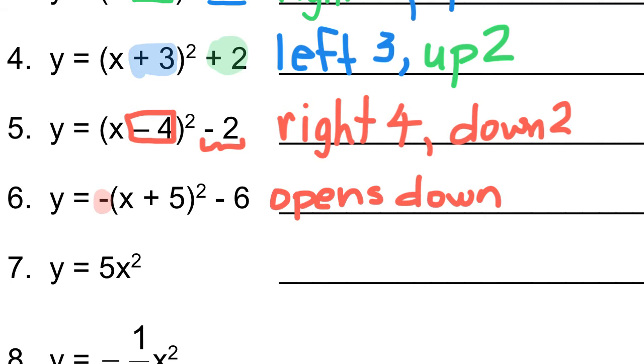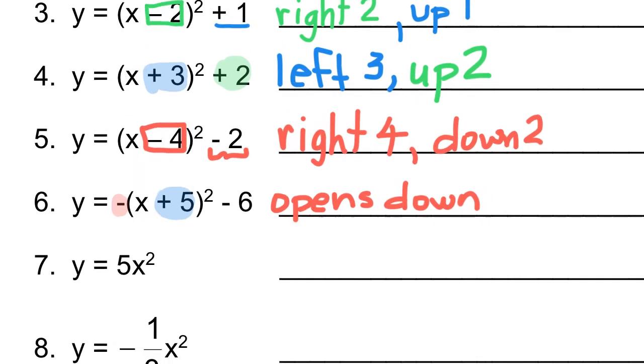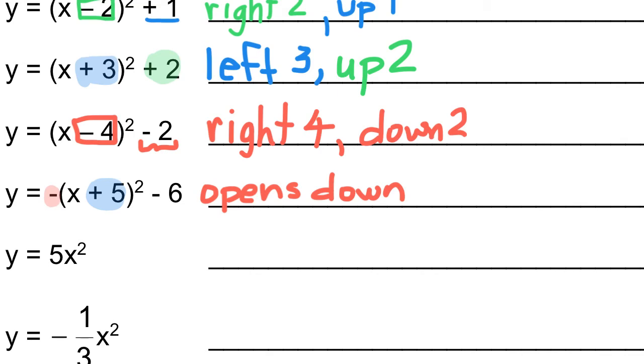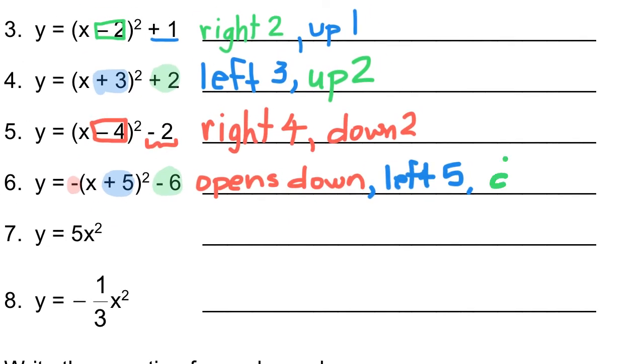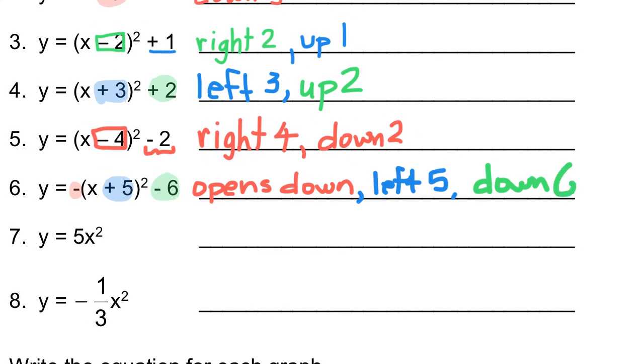Another change is inside the parentheses where we have plus 5, and that means that the parabola will shift 5 to the left. And lastly, we see that we have minus 6 outside of the parentheses, and that means that it will shift or translate down 6.